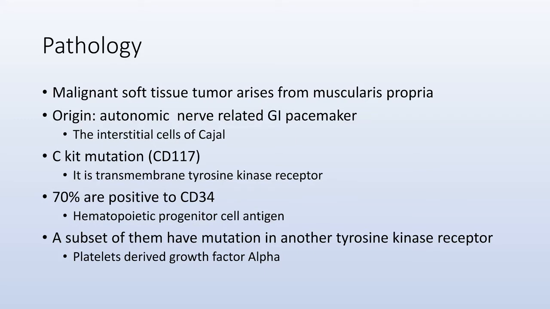It has been found that there is a specific mutation in these cancers that's actually the oncogenic factor that leads to development of these tumors, and it's called CD117. Now, what exactly is it? It is a transmembrane tyrosine kinase receptor.